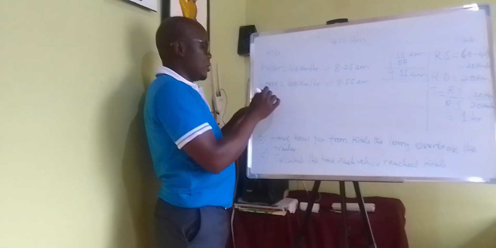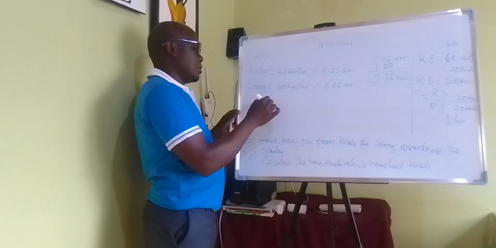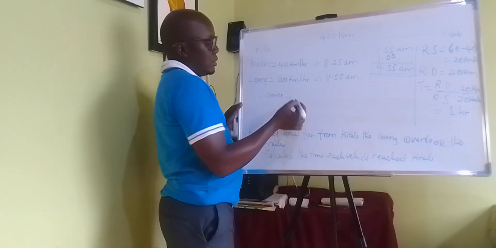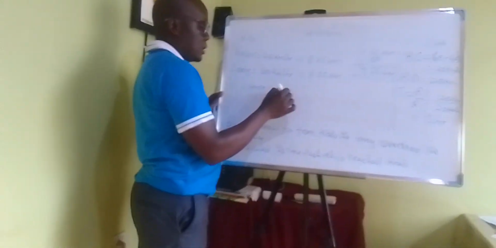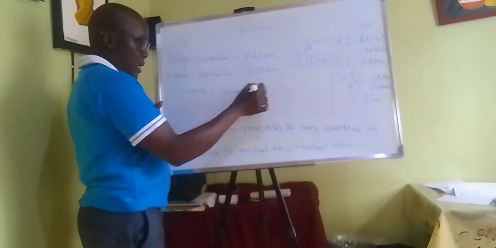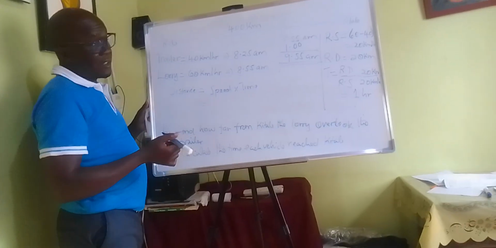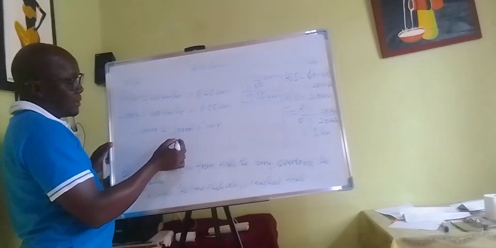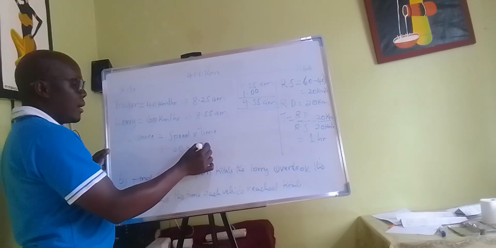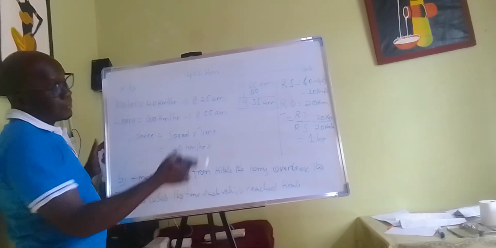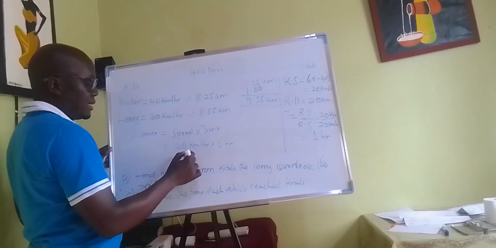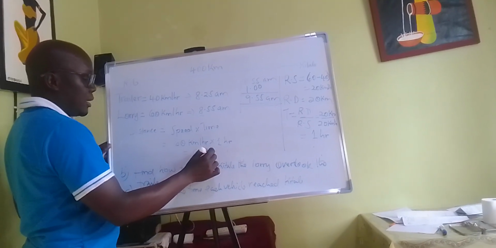Distance, we know, is equal to speed times time. And the speed here, we take the speed of the lorry, which is 60 km/h, times time, 1 hour. We get 60 km.